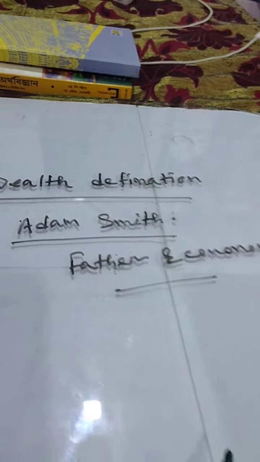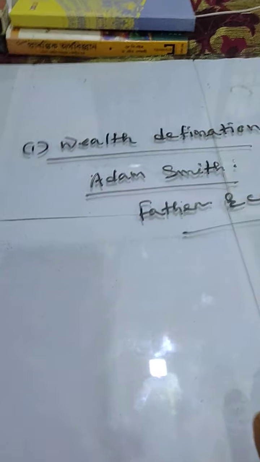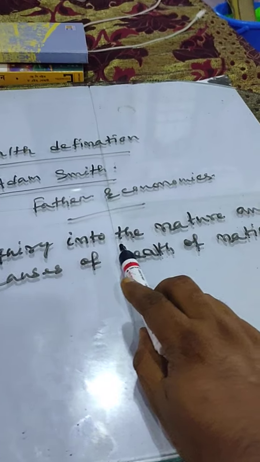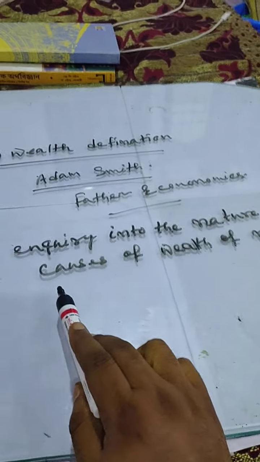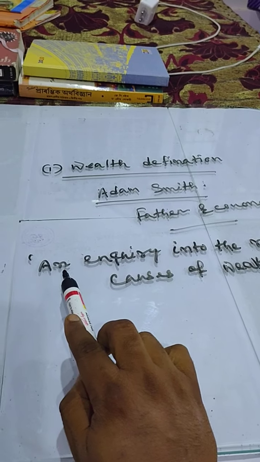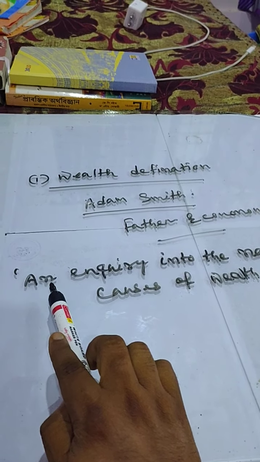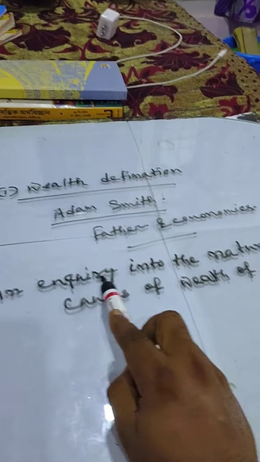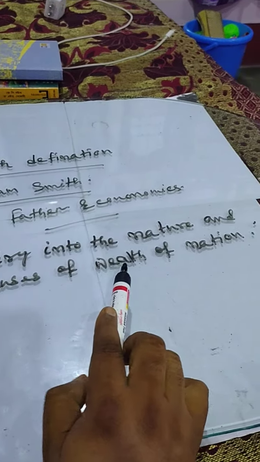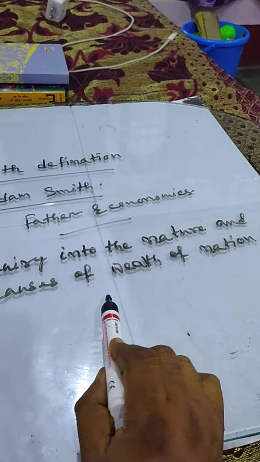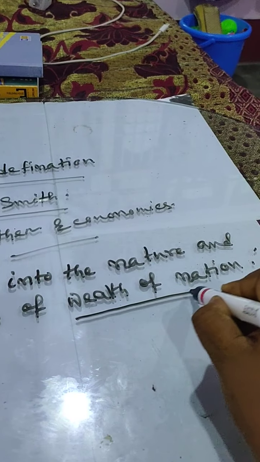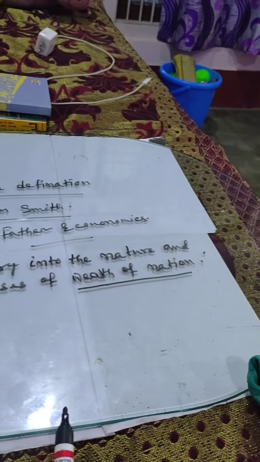The name of the book written by Adam Smith was An Enquiry into the Nature and Causes of Wealth of Nation. Again, you see the name of the book written by Adam Smith, the father of economics: An Enquiry into the Nature and Causes of Wealth of Nation. Shortly, this book is also known as Wealth of Nation.